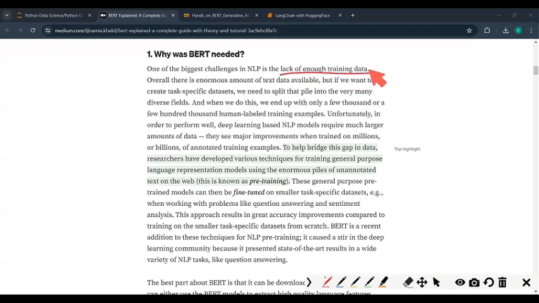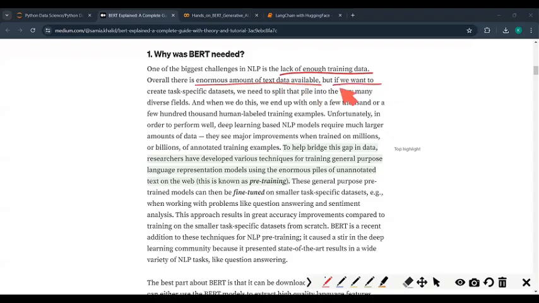Lack of enough training data. But by the year 2018, in the real world around us, there is a huge amount of data. Overall, there is an enormous amount of text data available.